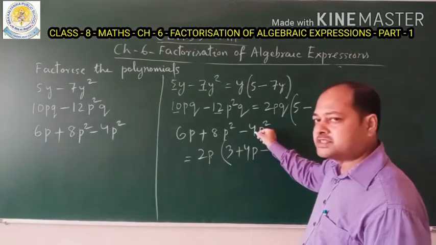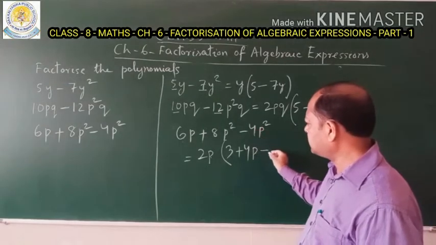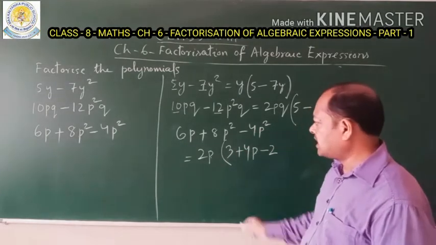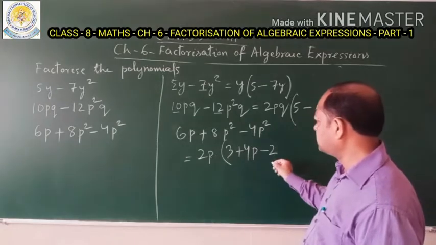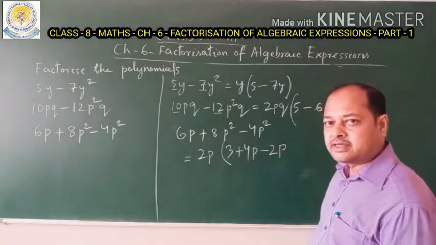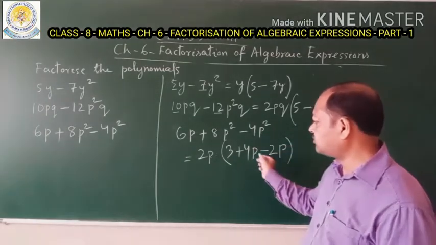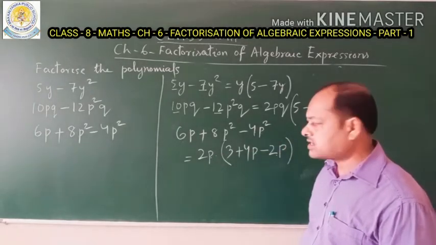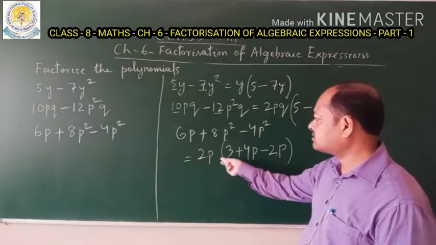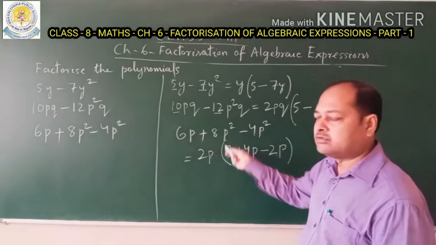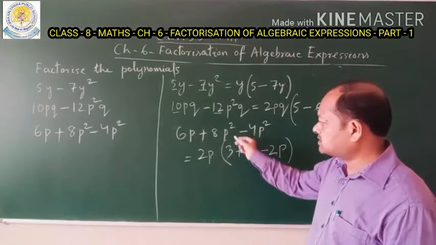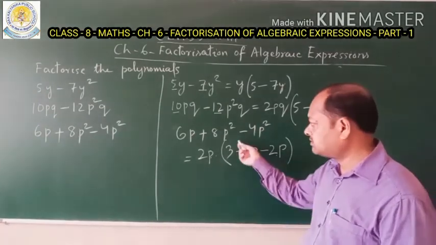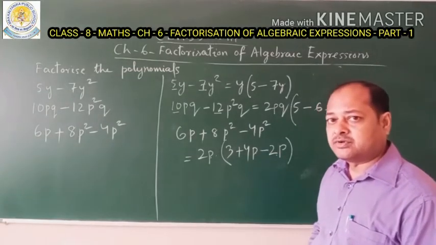The coefficient here is 4, so I multiply by minus 2, because 2 into 2 is 4, and p into p is p square, so I write one more p here. So 2p into minus 2p is minus 4p square. So I am getting this factorization for the polynomial 6p plus 8p square minus 4p square. Okay. I hope you understand this concept.